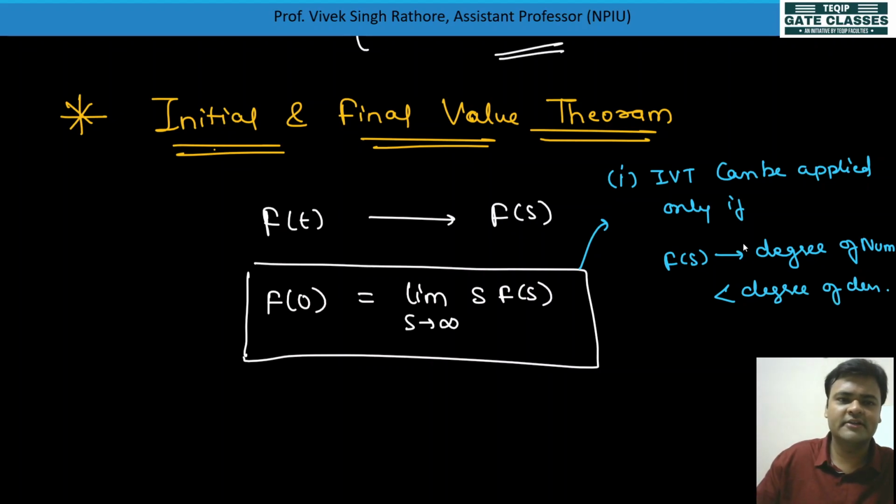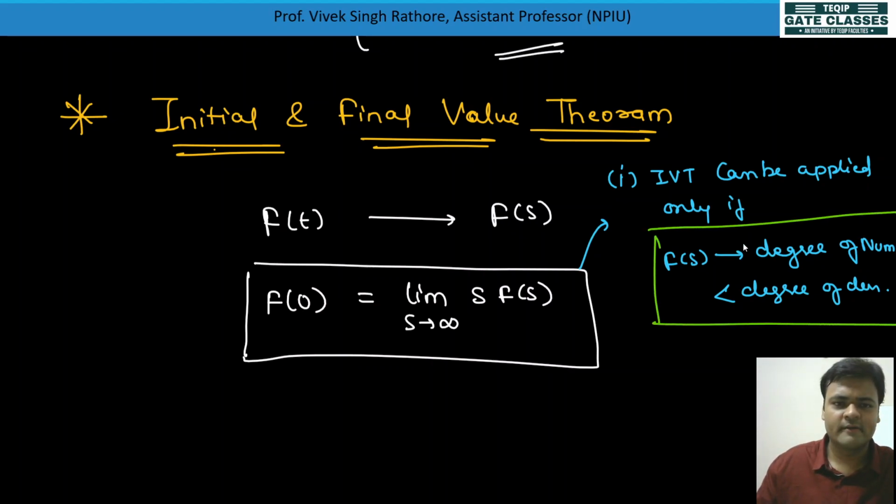This condition you should remember: F of s is given, the degree of numerator must be less than the degree of denominator, then only this initial value theorem can be applied.